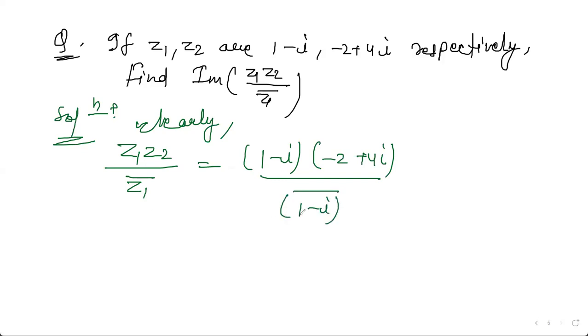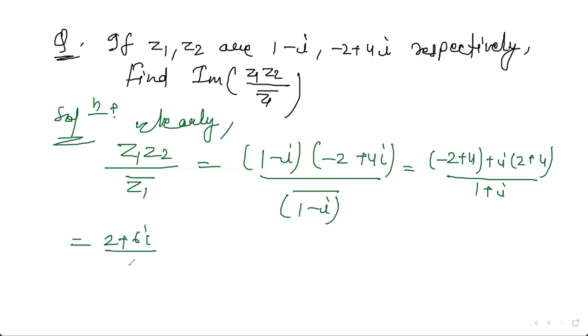We can write it as minus 2 plus 4 plus i 2 plus 4 by 1 plus i, equal to 2 plus 6i by 1 plus i.